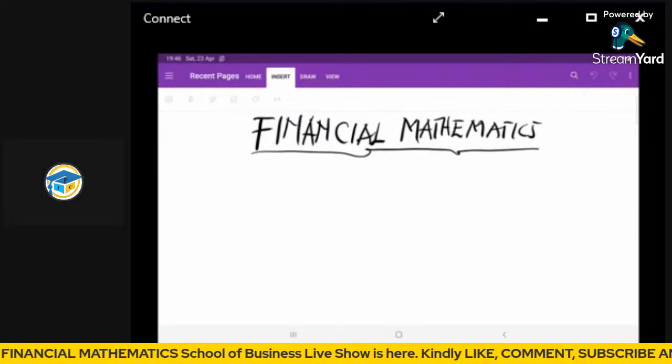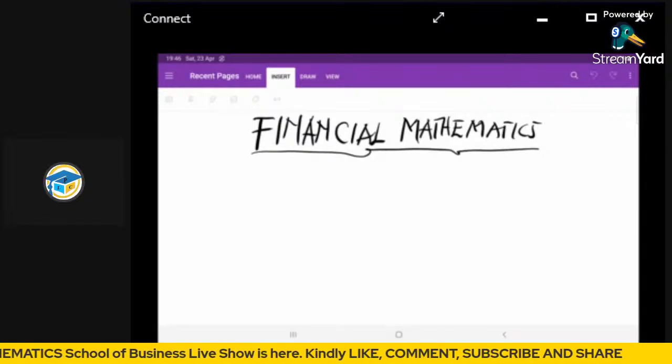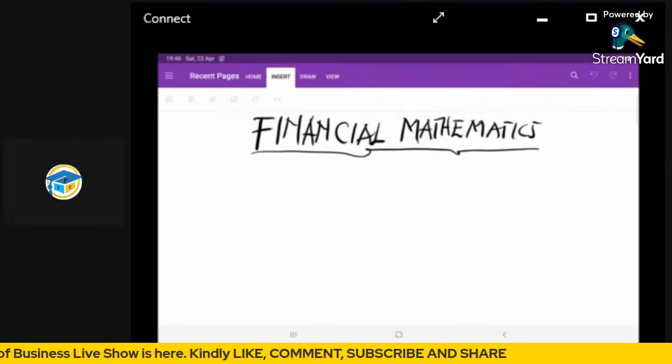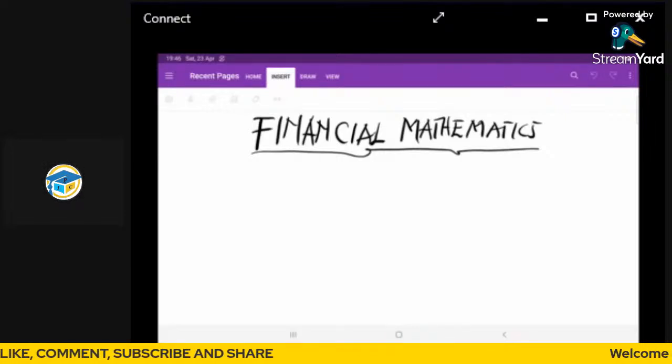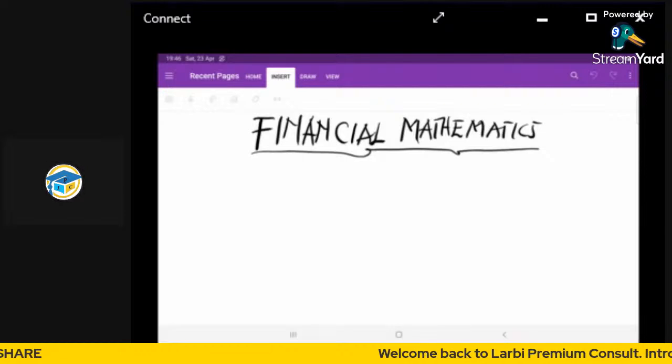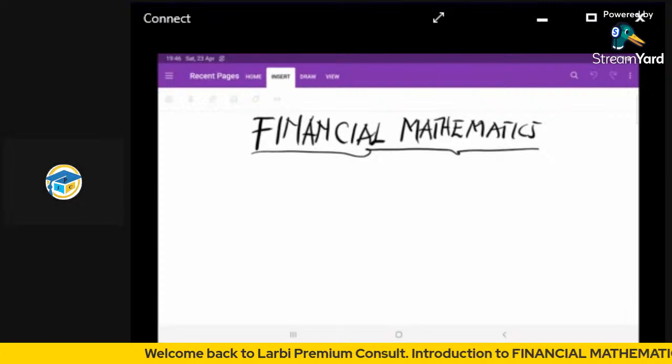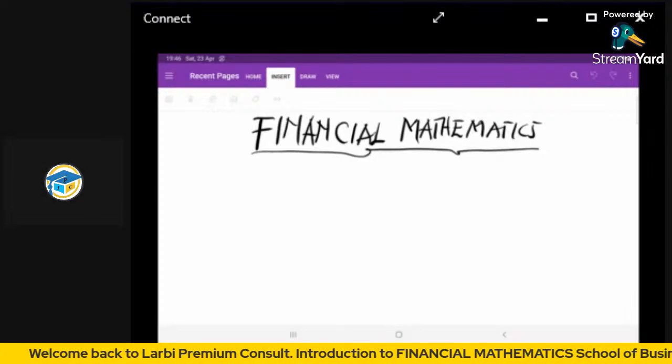We are talking about the use of mathematical models, of math concepts, to deal with financial problems as far as decisions on finance are concerned. I hope that is clear. That is the idea about financial mathematics.